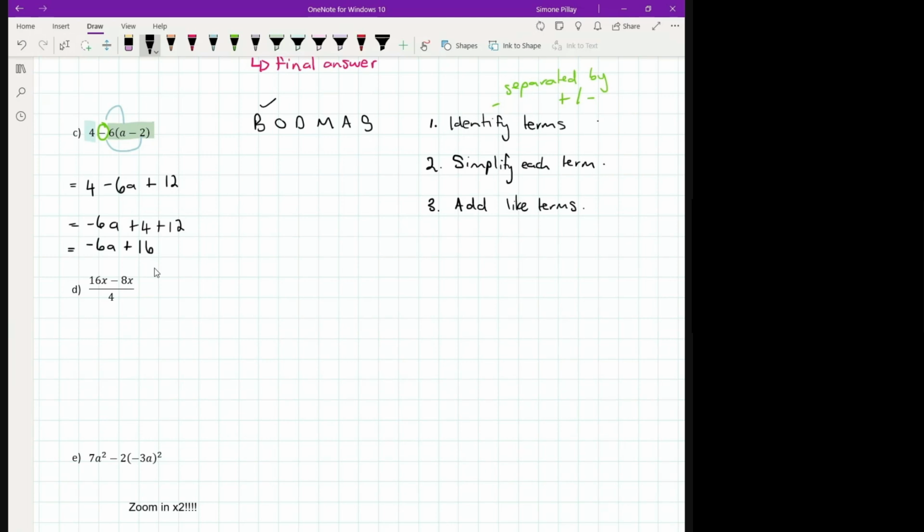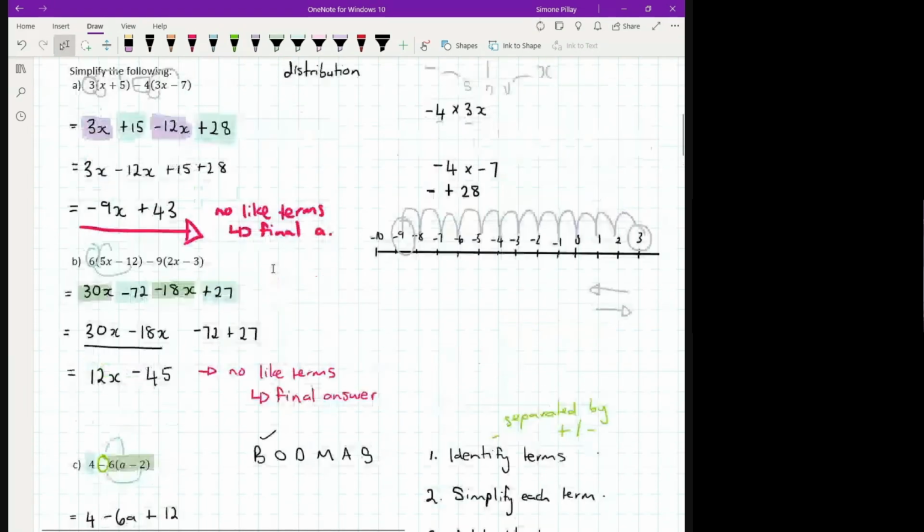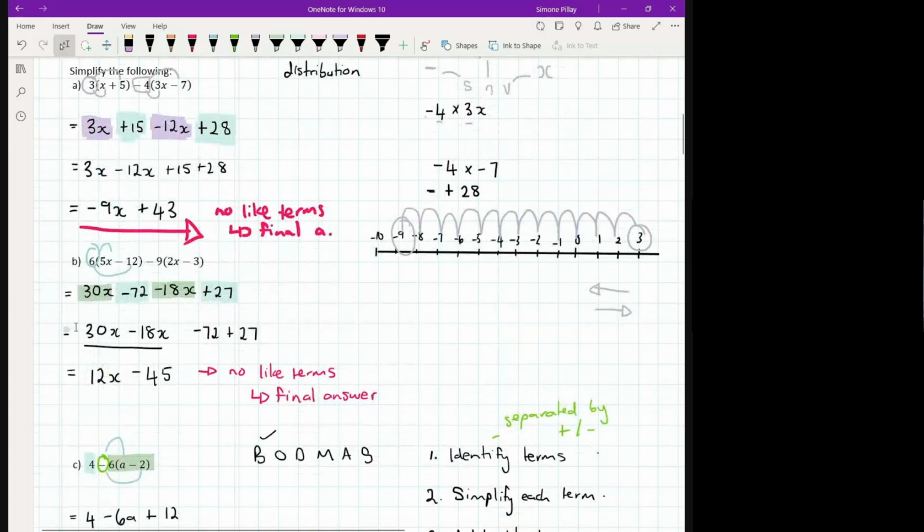Okay, now what I want you guys to know is that you don't have to do this step where you put it all next to each other. You can go straight from this step to this step. Putting all the like terms next to each other is not required. So even over here, we didn't have to group it.